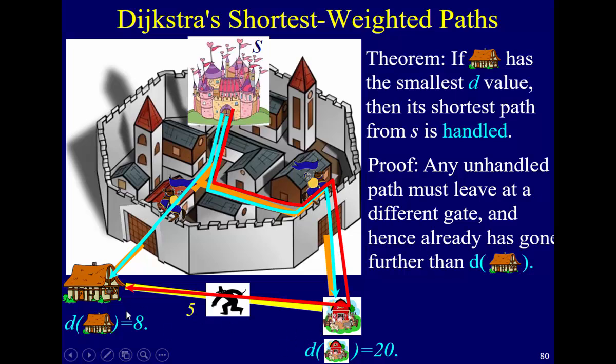And then there's this other stuff that isn't going to be negative. Maybe it's 0, but it's not going to be negative. So since this is the smallest d value, the length of this path is going to be bigger than 8. So this path here is going to be the shortest path to the cottage. Are people buying this?